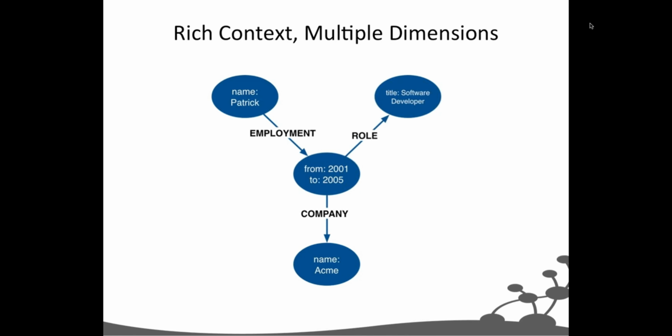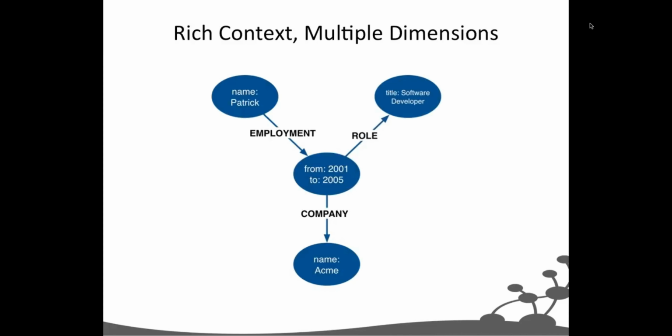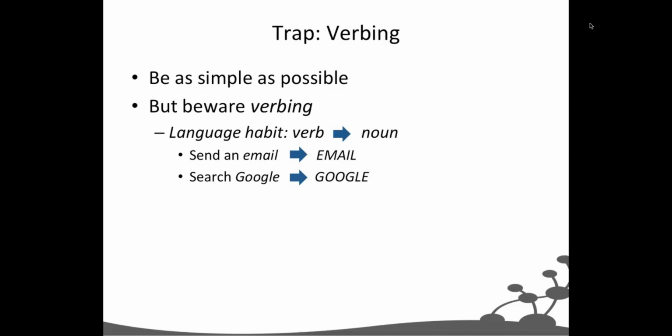We're attaching some timestamp properties here to indicate how long that job, or that instance of employment, lasted. Similarly, if we want to talk about a specific party, here we had Sue invite Sarah, Bob and Charlie to her party and send out a number of invitations, we can introduce an intermediate node and then have relationships extending outwards to all of the people that Sue invited to her party.